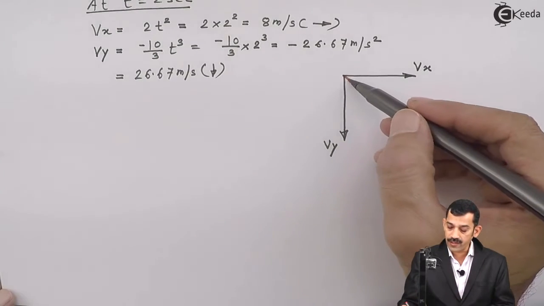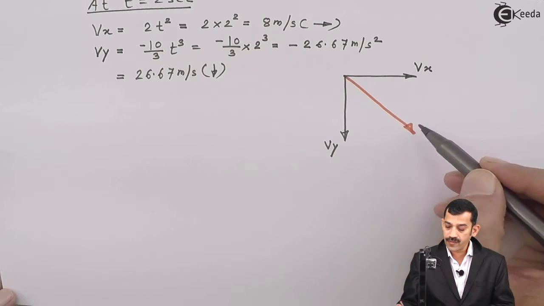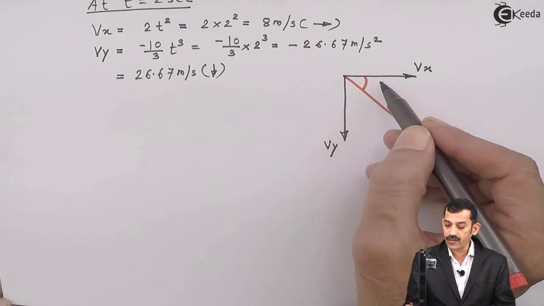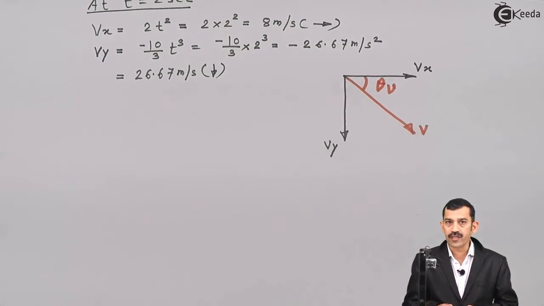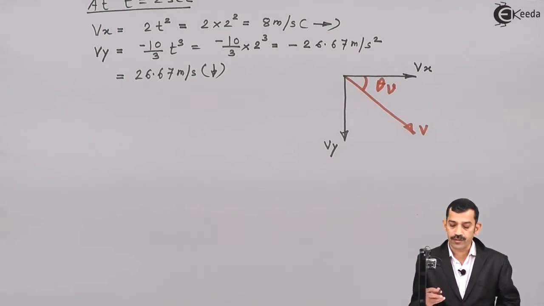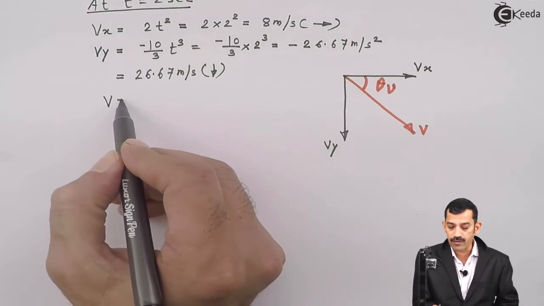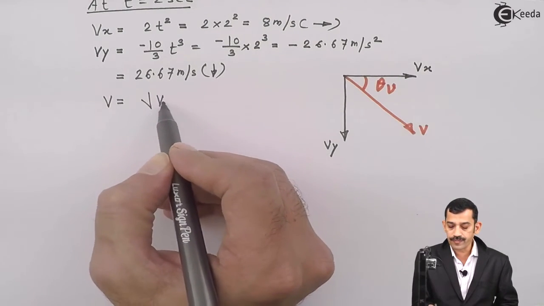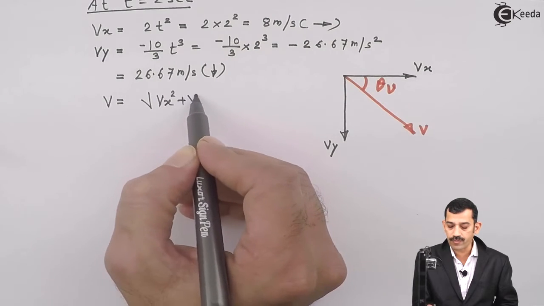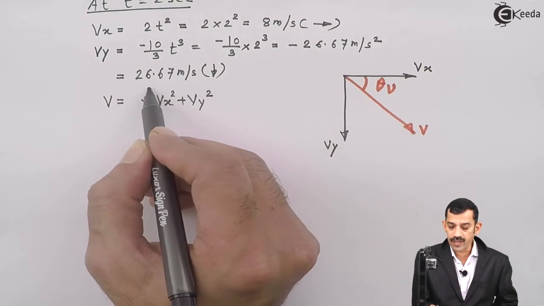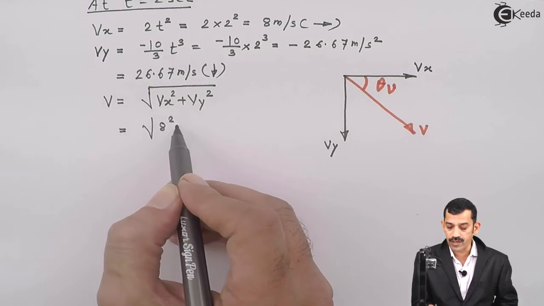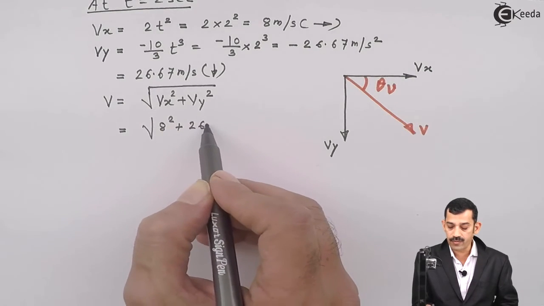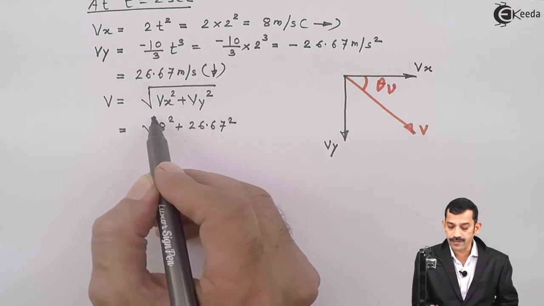If we represent the resultant velocity, say V, its inclination, say theta suffix V, represents the inclination of velocity with the horizontal. The magnitude of velocity we will find using the Pythagoras theorem again, square root of Vx square plus Vy square. Vx we are getting as 8, so this one is 8 square plus 26.67 square.